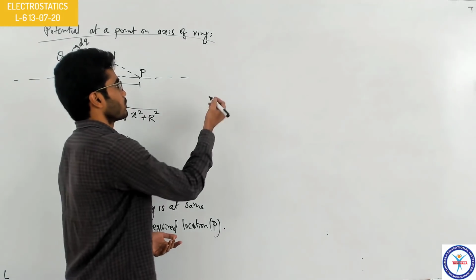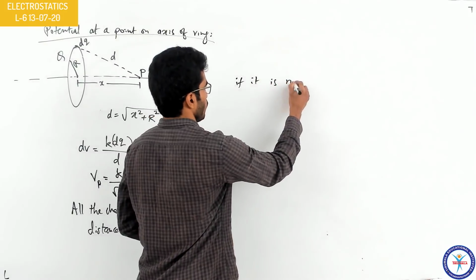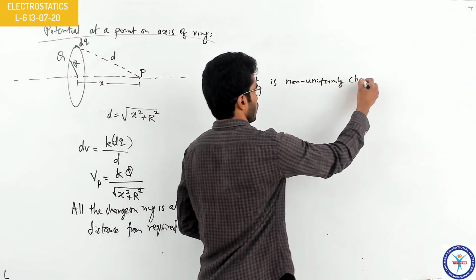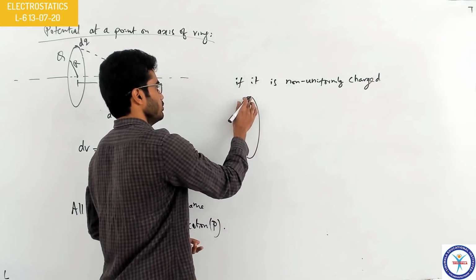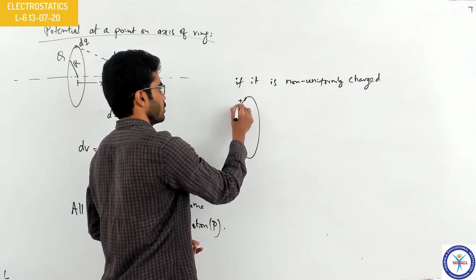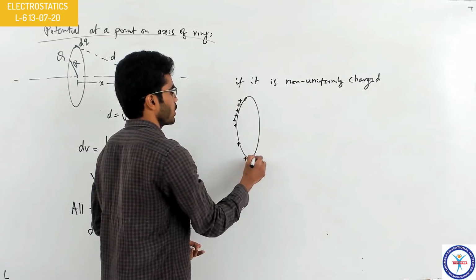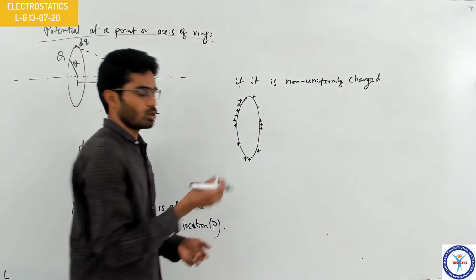What if the ring is now non-uniformly charged? That means on the ring now the charge is denser at some locations and rarer at some locations. So this is non-uniformly distributed.